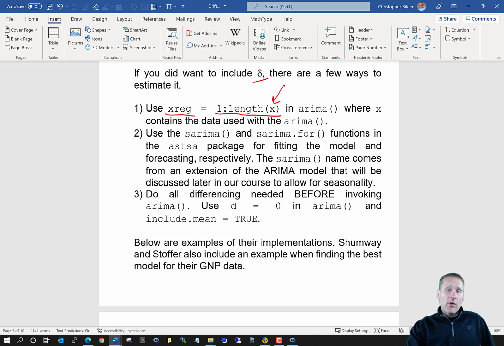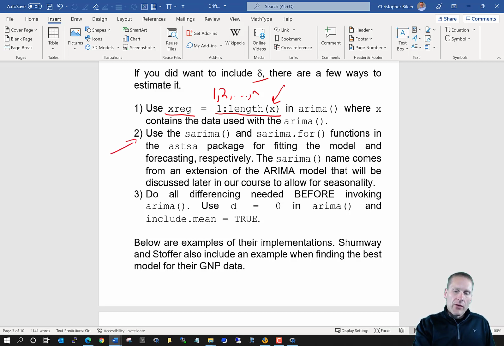And that will allow you to now estimate this drift term. 1 colon length of x basically corresponds to 1, 2, down to n. So essentially you're going to add an additional term to your model, basically like t, and then you're going to estimate the corresponding delta for that. This gets back to what we saw previously when we rewrote the model so that we had that delta t in there.